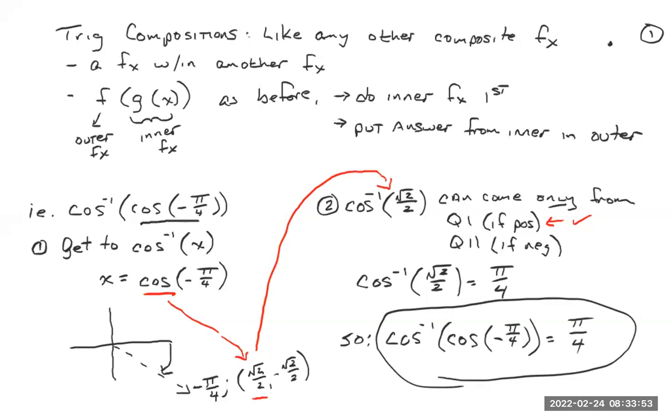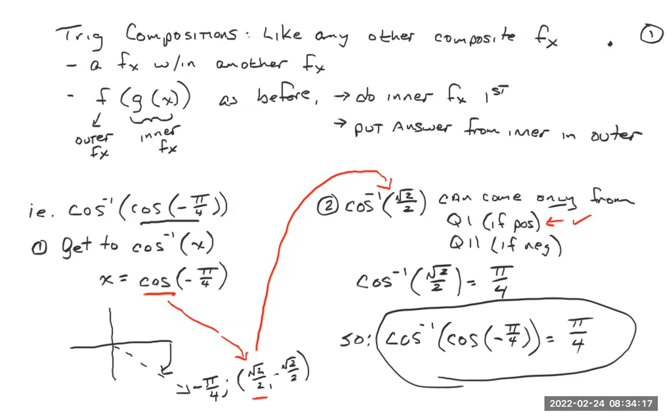What I want to do is get to where it says arc cosine of a value. Cosine of an angle will give us a value that we can process. First thing we have to do is figure out what the value of cosine negative pi over 4 is.